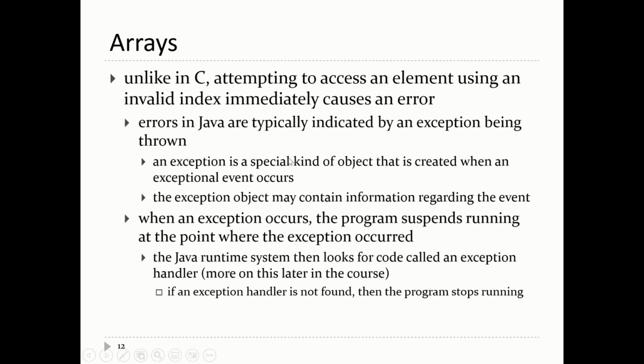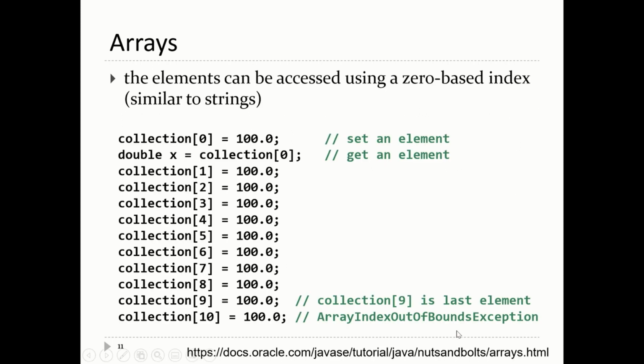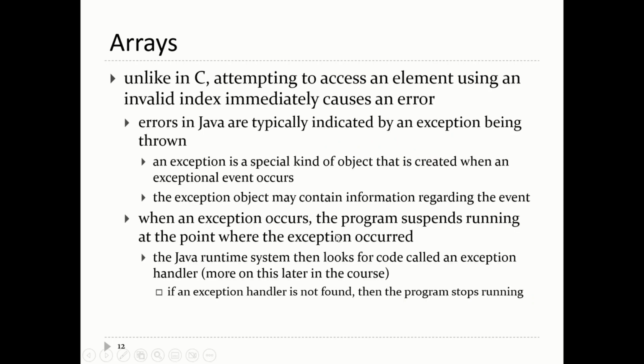An exception is just a special kind of object that's created when an exceptional event occurs. That object can contain information about why the event occurred, which is useful when you're debugging your program. Back here, you get an array index out of bounds exception, and you also get the line number in which it happened. You don't get the index or the value that was used, unfortunately, but at least you get where it happened, which is nice.